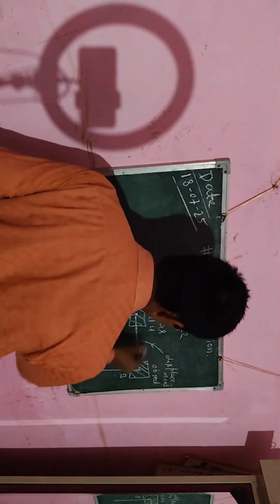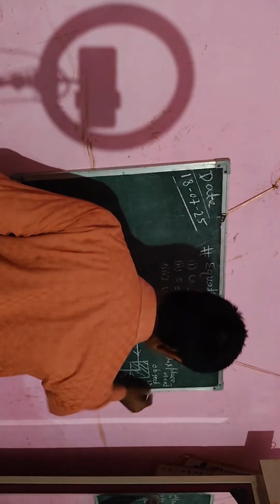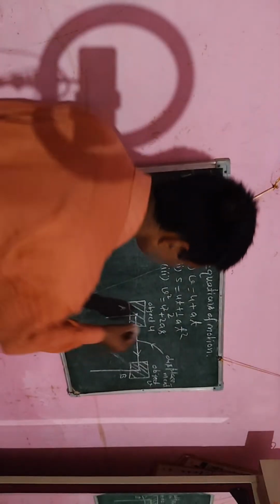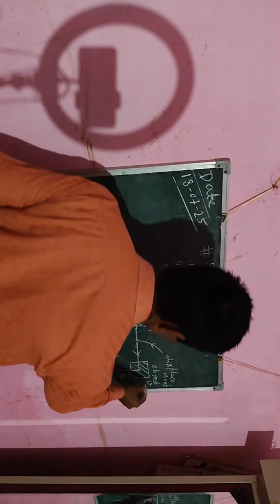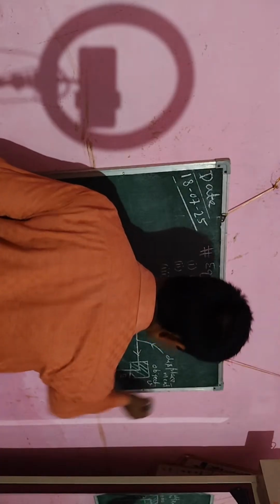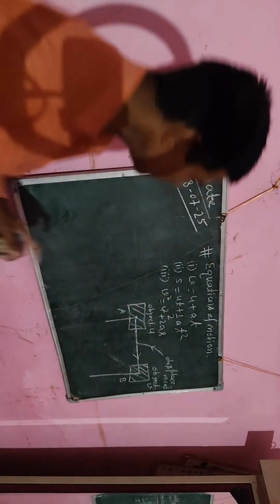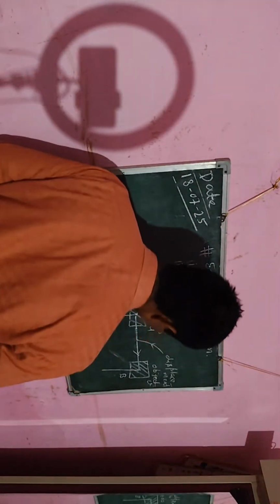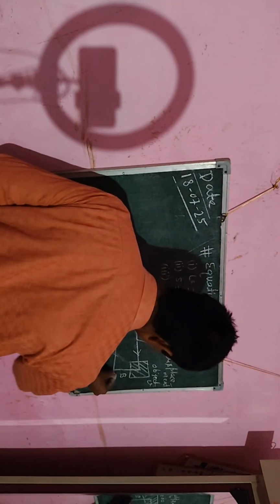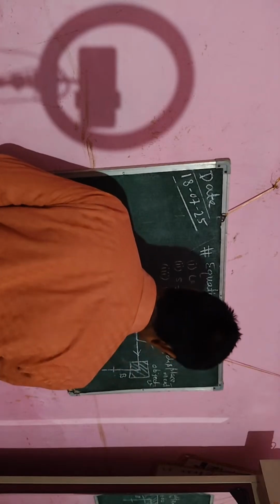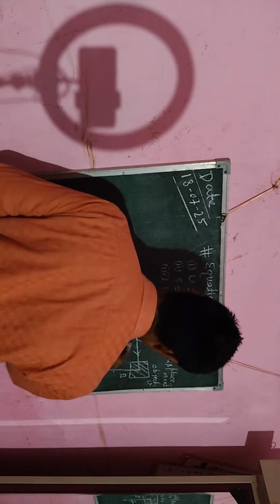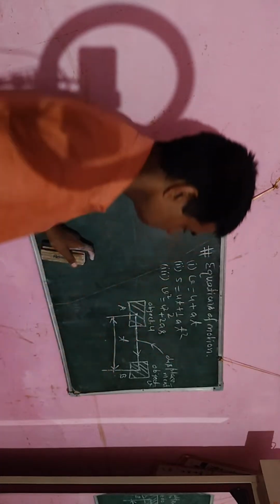Now the initial velocity I will say is u, and the final velocity I will consider v. So this object has initial velocity u, and this object will have final velocity v. So from A to B, the time interval I am considering is t.